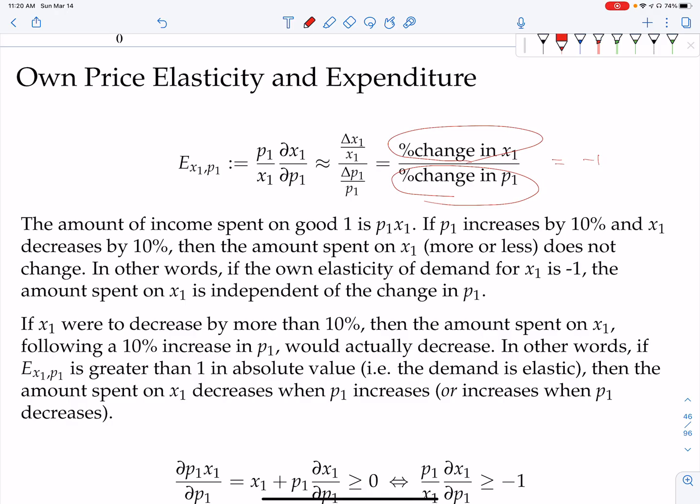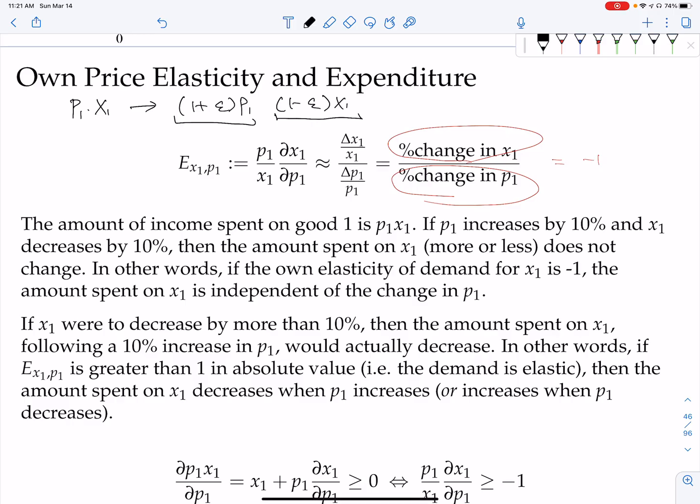So let's say I'm interested in P1 and X1, and say P1 has gone up by epsilon percent, so this is the new price, and the consumption of X1 has gone down by epsilon percent.